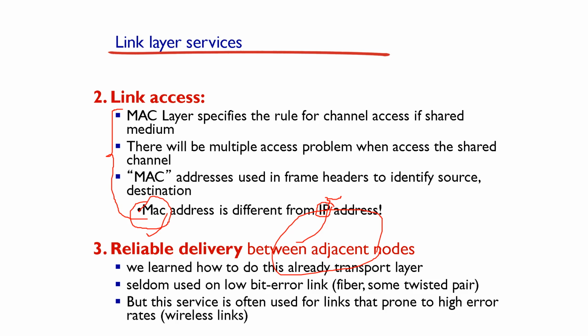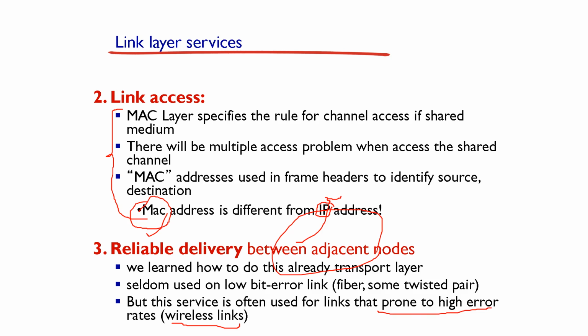And the reliability service is mainly used in the case of wireless channels. That is, wireless channels are more prone to error. A high error rate will be there for wireless channels.